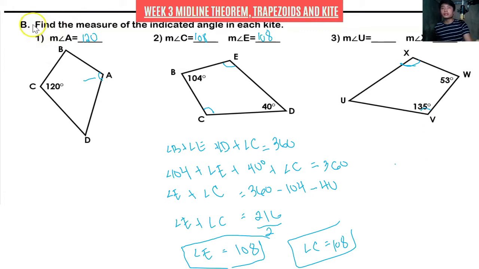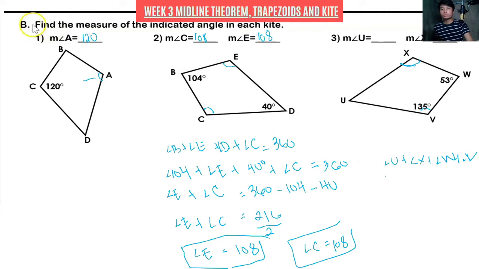Ganun po ulit. So, angle U plus angle X plus angle W plus angle B, saan sila equal? Sa 360.